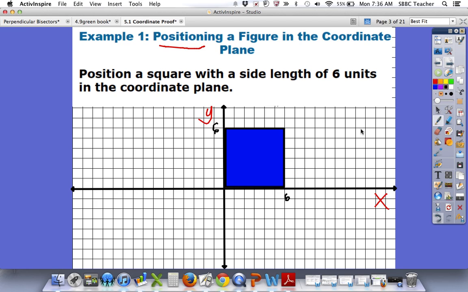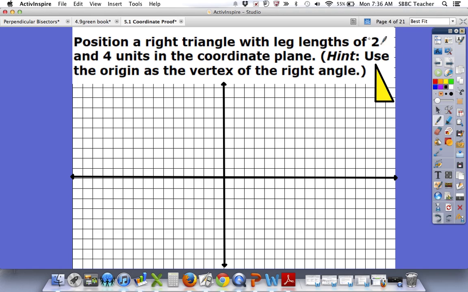Let's try another one. Position a right triangle with leg lengths of 2 and 4 in the coordinate plane. Hint: use the origin as the vertex of the right angle. Here we have a yellow right triangle, and the hint is telling us to position the right angle at the origin.